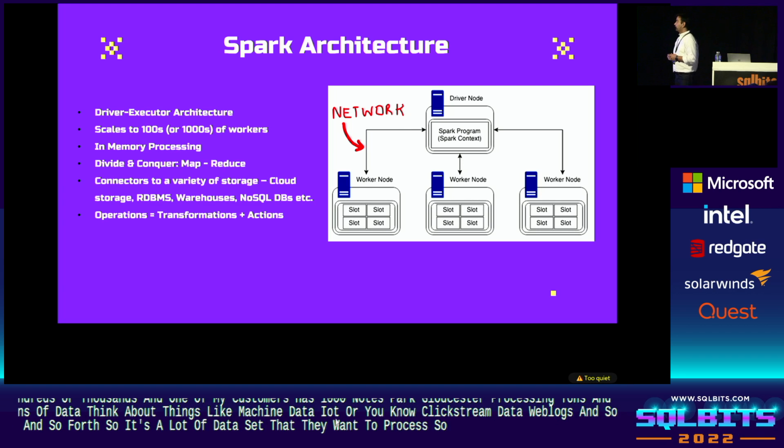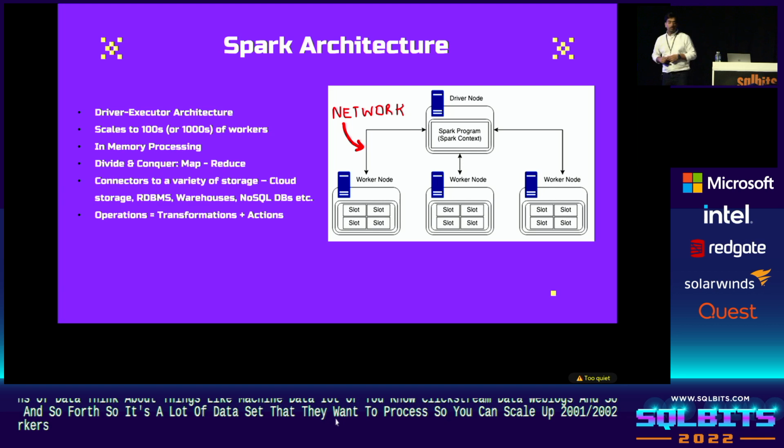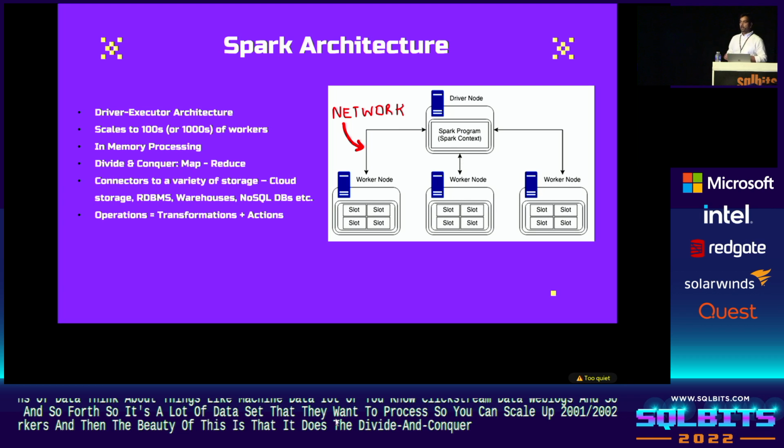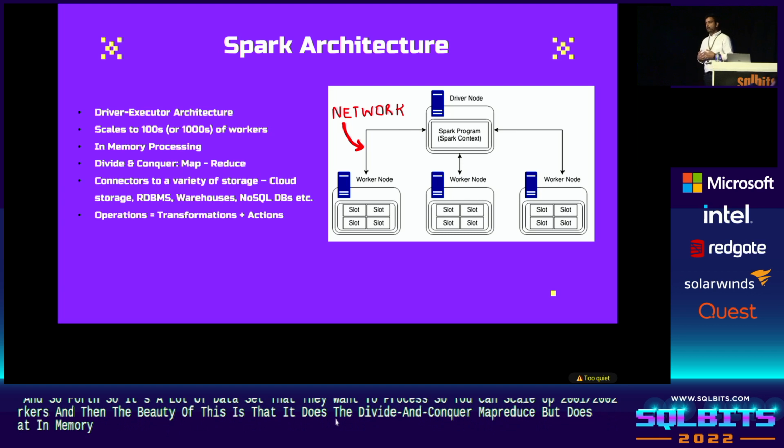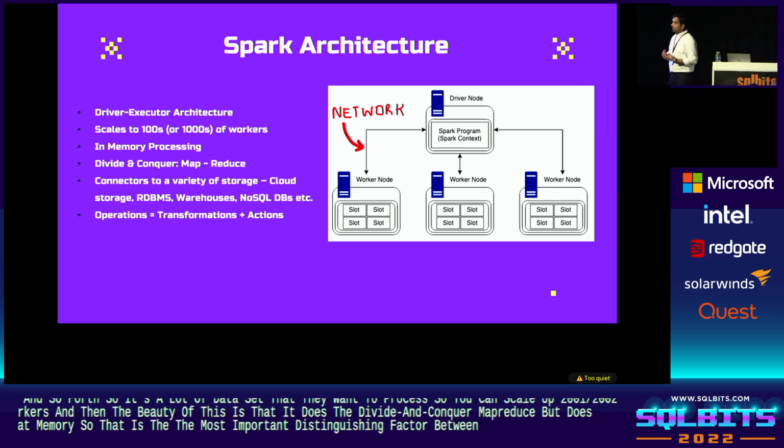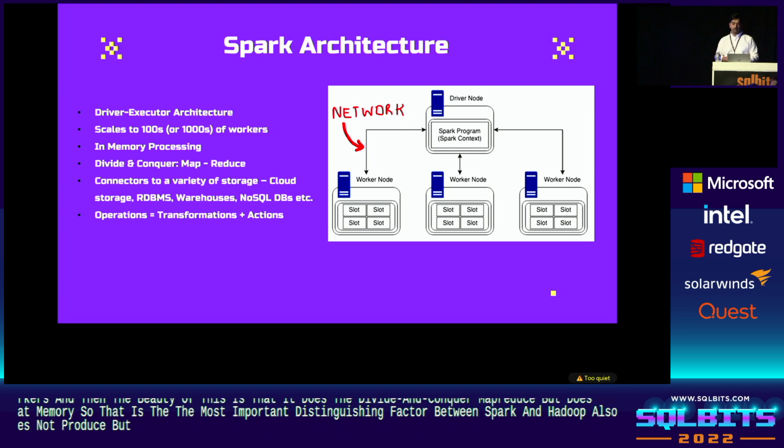It can scale up to thousands of workers. The beauty of this is that it does the divide and conquer, MapReduce, but does that in memory. That is the most important distinguishing factor between Spark and Hadoop. Hadoop also does MapReduce, but Spark does it in memory.